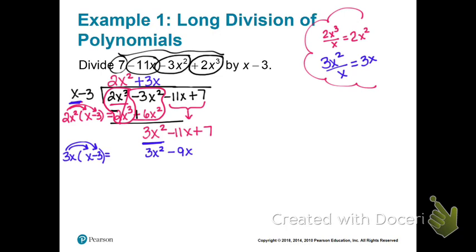And then what do we do? Subtract, which means change the sign. So this positive 3x squared is going to become negative, and the negative 9x is going to become positive. So let's combine those. What's 3x squared minus 3x squared? 0, like we said it should. What's negative 11x plus 9x?